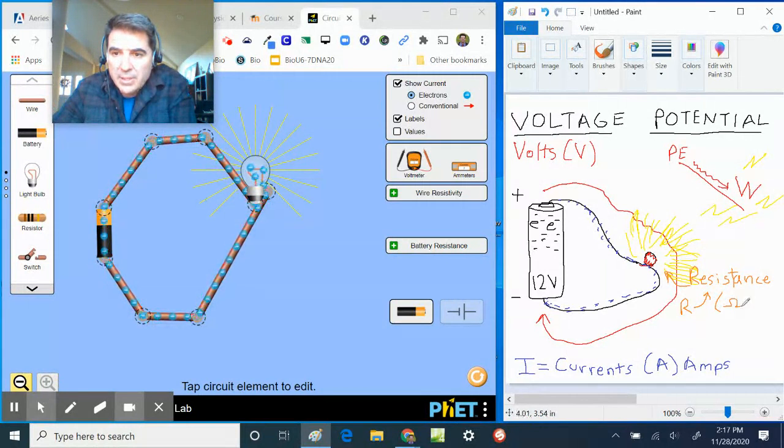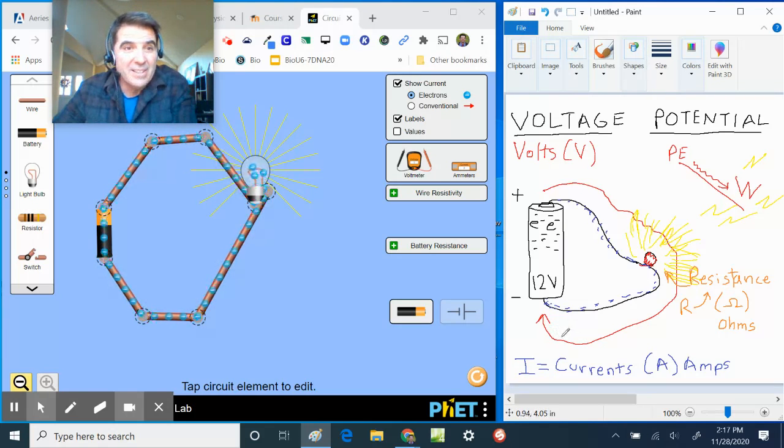And ohms is this little symbol here. There's a lot of little words you need to know here. That's ohms. And in a second, we're going to go back here and make sure you know what's going on with a circuit.